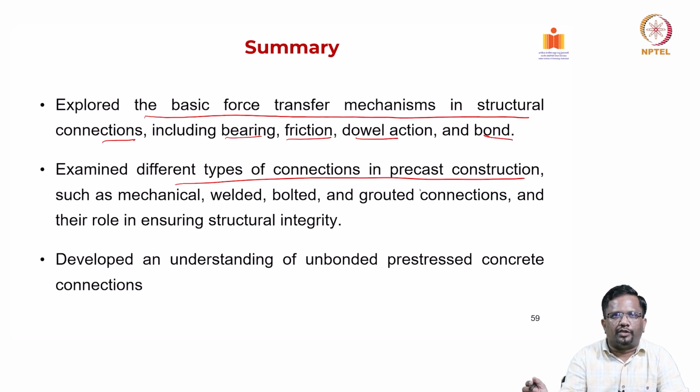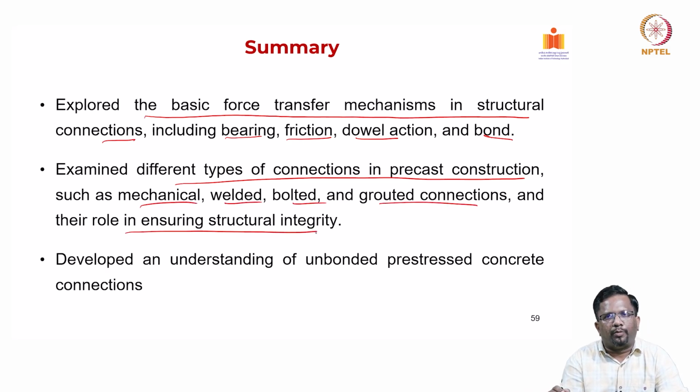We discussed mechanical, welded, bolted, and grouted connections, and their role in ensuring structural integrity. And we also developed an understanding of how unbonded PT cables can be used for designing connections which are seismically resilient, right? So with this, we are ending this chapter.